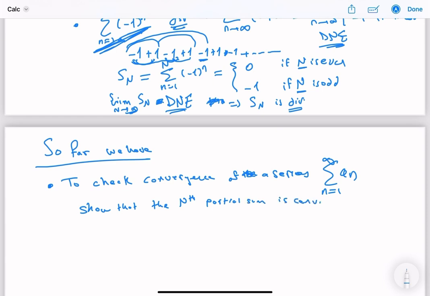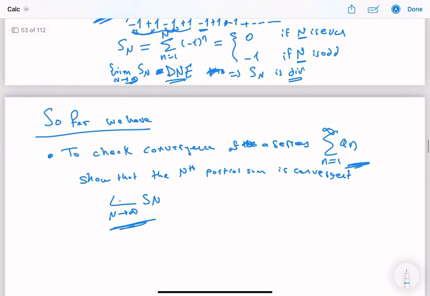Because remember, a series is just a limit of Sn as n tends to infinity. So if you check that this limit exists, then you know that this series is convergent. So far, this is the only tool we have to prove that a series is convergent.